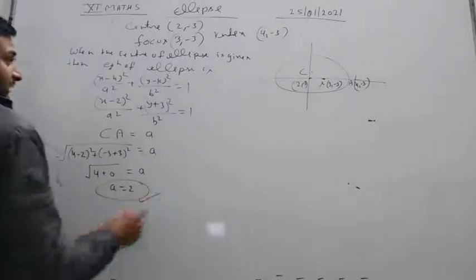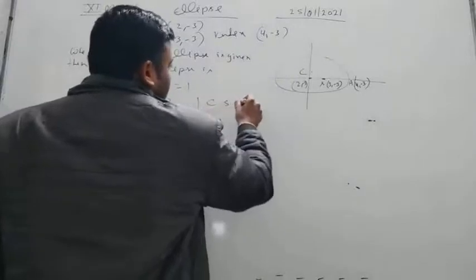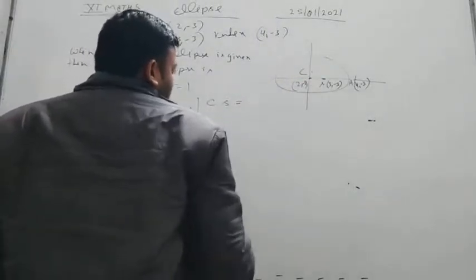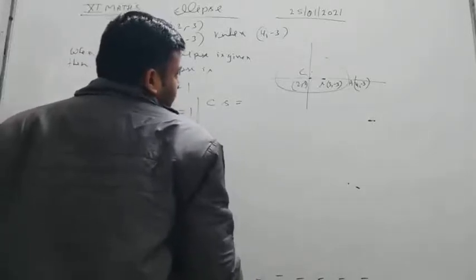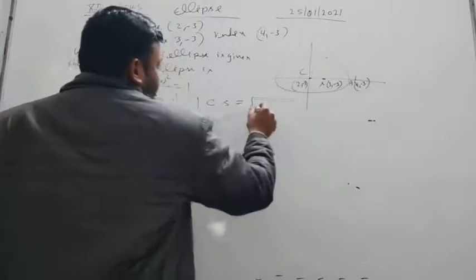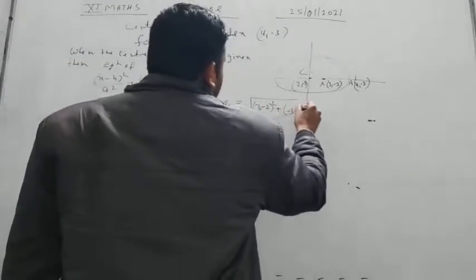So we are getting a is equal to 2. Okay. Now we are seeing that our CS is equal to, student, under root (3 minus 2) whole square plus (minus 3 plus 3) whole square. Okay.